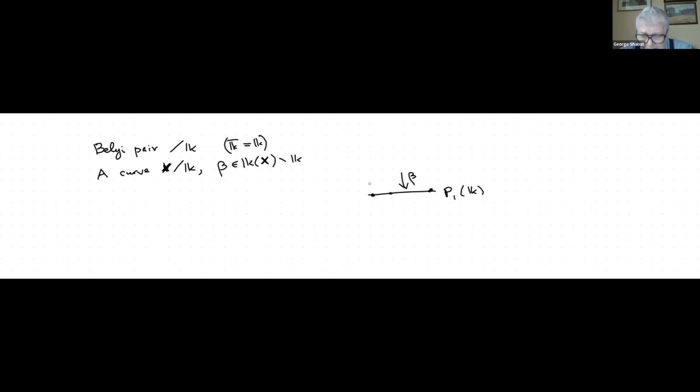we allow its branching only over 3 points in the projective line, like this, arbitrary branching, or maybe no branching, over these 3 points, and no other.